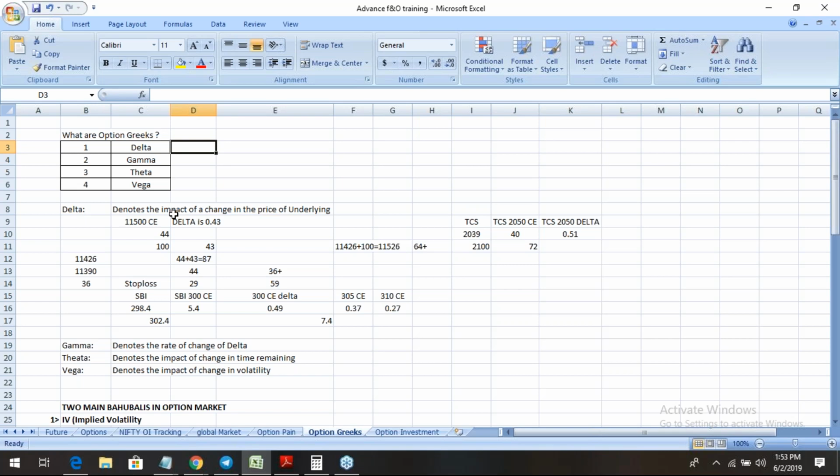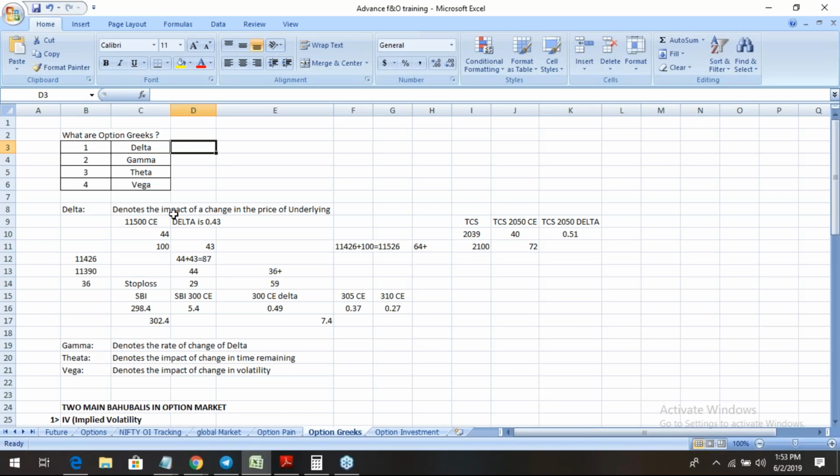Okay, the current price of Nifty is 11,922.